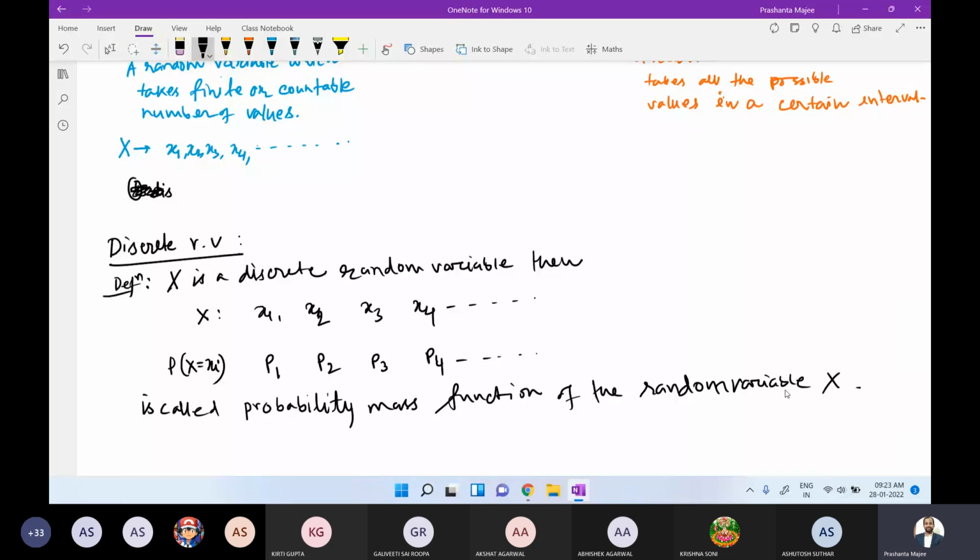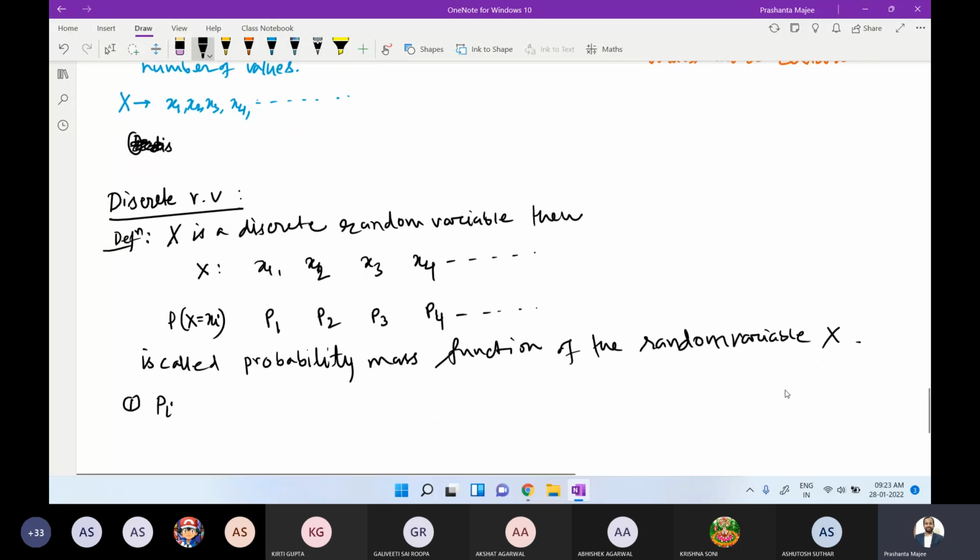A few observations you can see. What is Pi? Pi is the probability at X equals xi. What does that mean? The probability of all those elementary events which assume the value xi. Remember, X equals xi is an event.